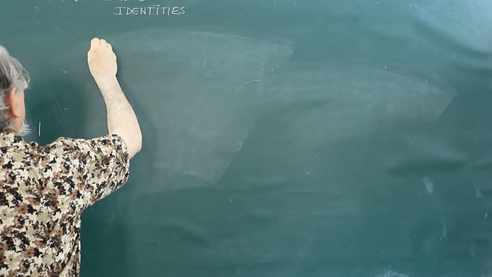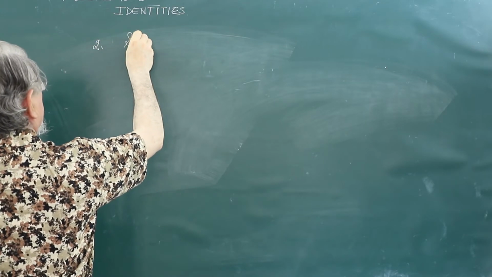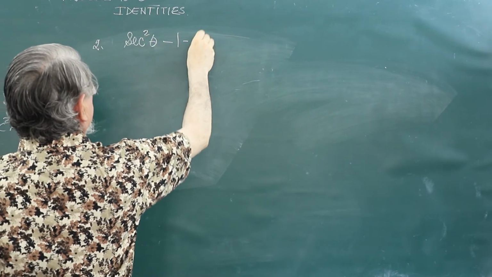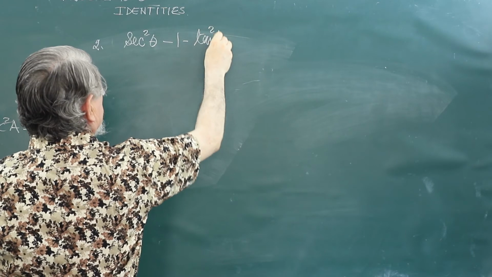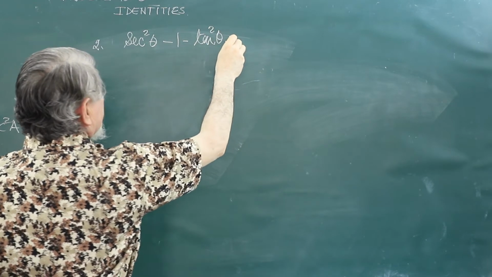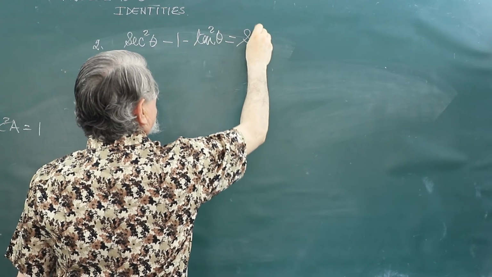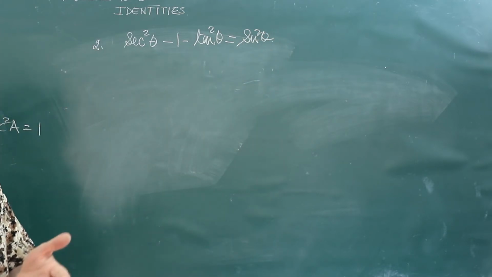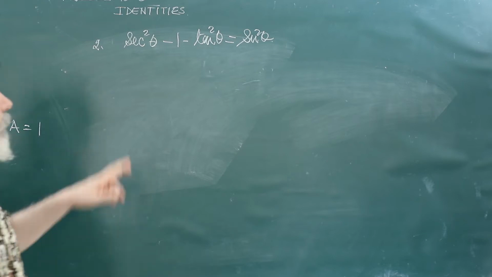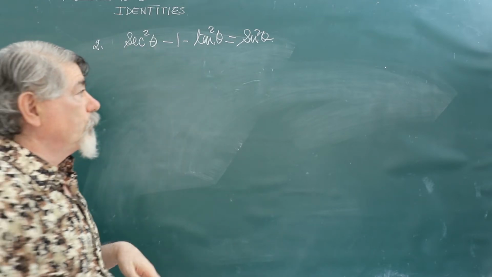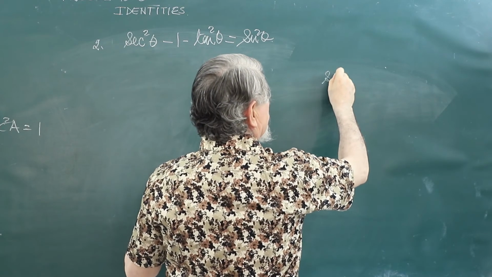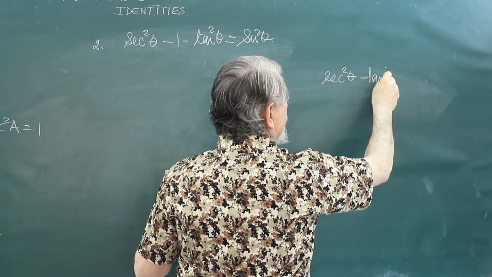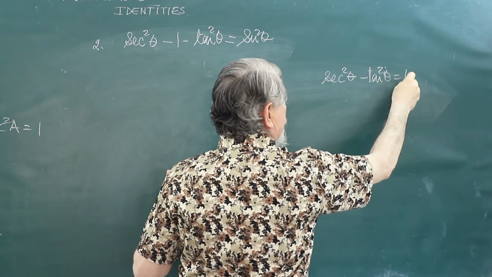The second one is almost the same: sec square theta minus 1 minus tan square theta is equal to 0, not sine square. Again, the left hand side is more complicated, so we will start from the left hand side. Because sec and tan are involved, you know the identity: sec square theta minus tan square theta is equal to 1.